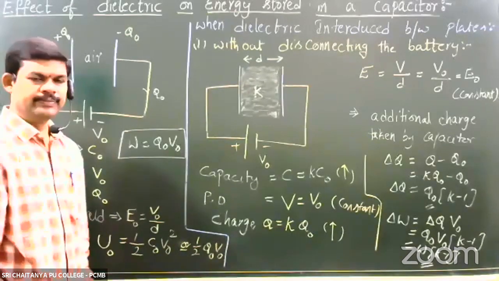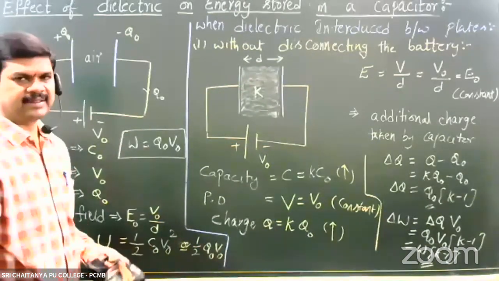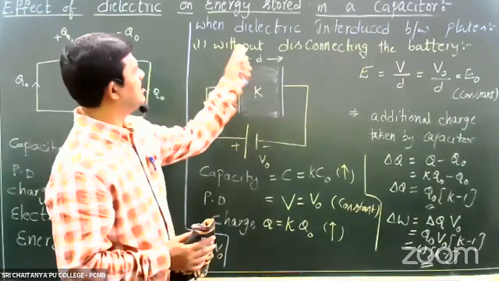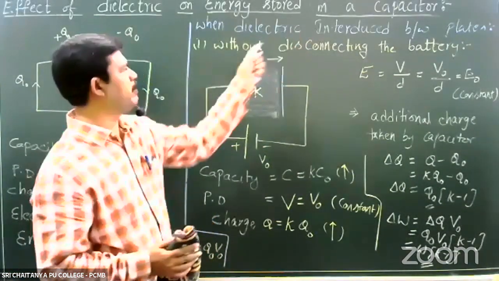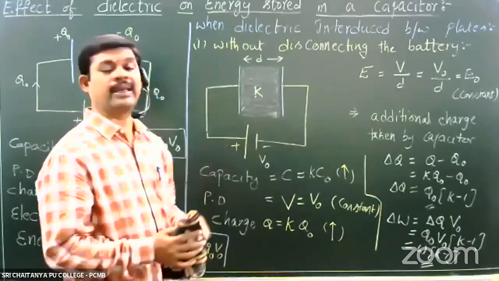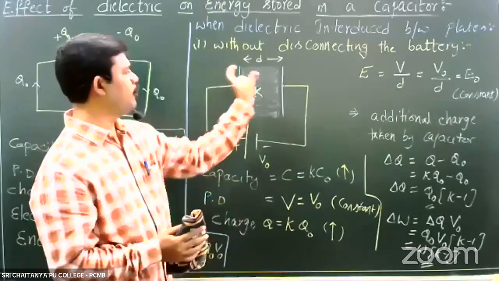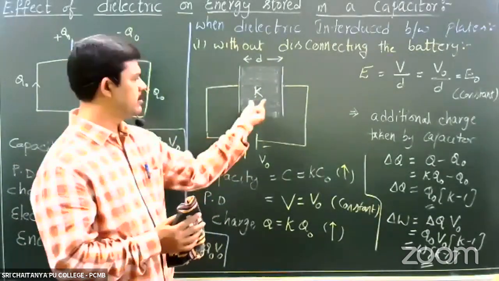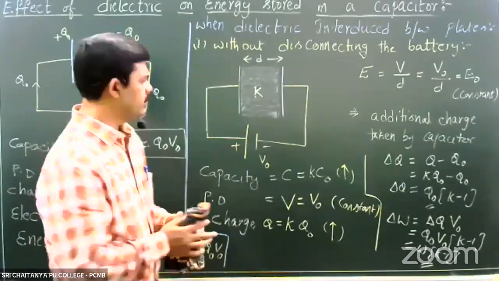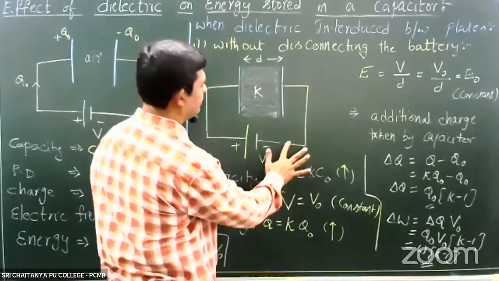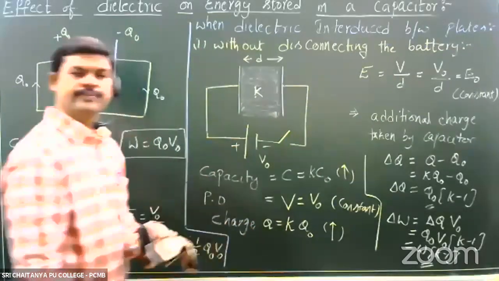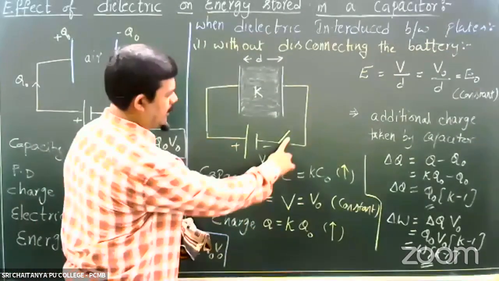Next case. See here. The first case is where the dielectric is introduced between the plates without disconnecting the battery. Now, if we introduce the dielectric slab after disconnecting the battery, what happens? Here I keep a switch and I keep it open.